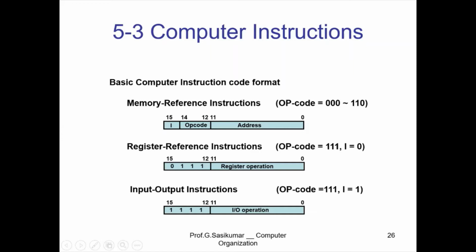Here we have a 16-bit register for memory reference instruction, register reference, and input output. This is the general format: address, opcode, register operation and binary code, and input output operation and binary code. These are the three different formats used for a computer instruction.